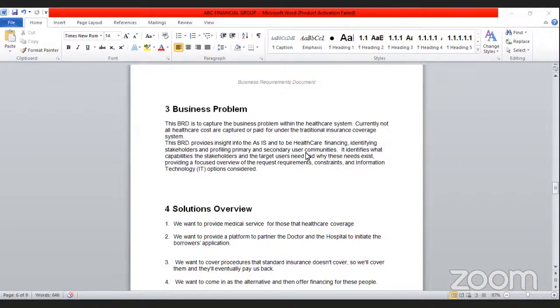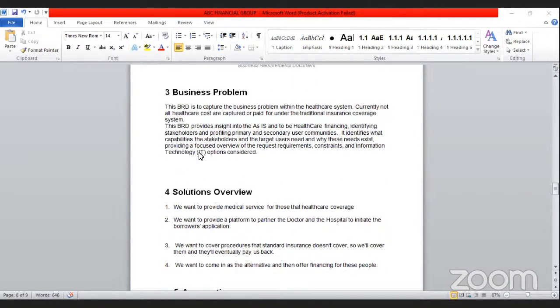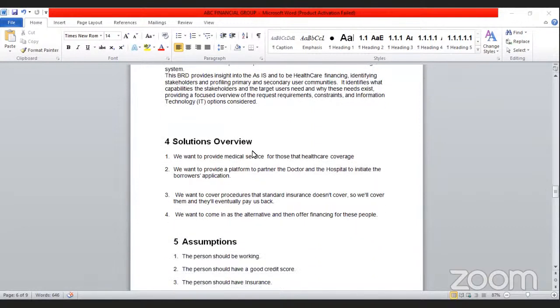It identifies what capabilities the stakeholders and the target users need and why this need exists, providing a focused overview of the request, constraints, and information technology options considered.